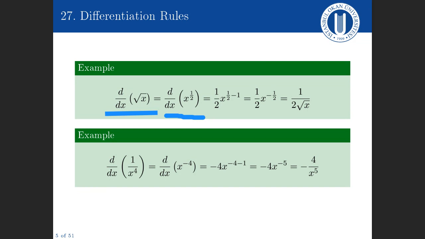So we have n, that's a half, x to the power n minus 1, or half minus 1. That's a half, x to the power minus a half. Go back to using a square root. X to the power minus a half means 1 divided by square root of x. So the answer is 1 divided by 2 square root of x.